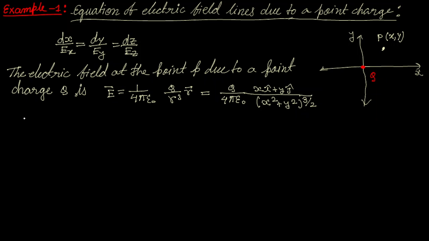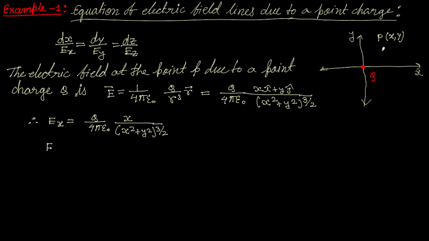So if this is the electric field, then we can write the x component. Therefore the x component of electric field Ex is equal to Q divided by 4 pi epsilon naught, x divided by x square plus y square, all to the power 3 by 2.